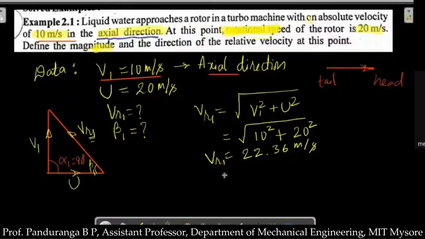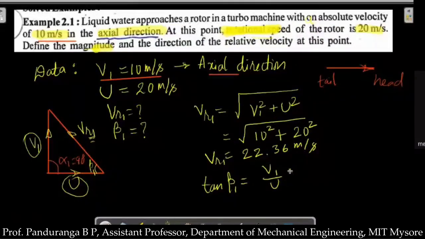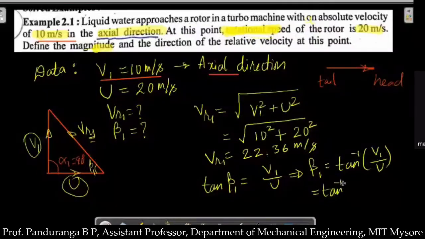But since VR1 is a vector, we need to also find out the direction or the angle. To find that, I know V1 and I know U, so I can use tan beta 1. So tan beta 1 will be equal to V1 divided by U. Or in other terms, beta 1 will be equal to tan inverse of V1 by U. If I substitute the values, it is tan inverse of V1, which is 10, divided by U, which is 20.